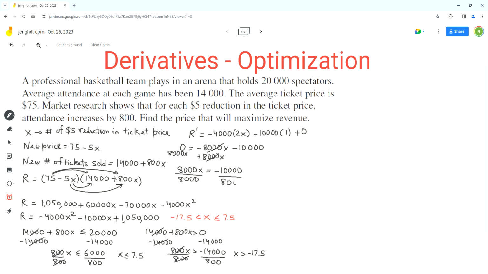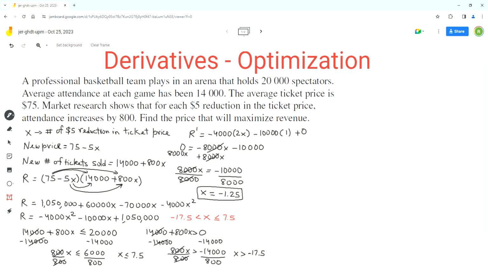So 8,000 on the left side will cancel each other out, and we get x equals negative 10,000 divided by 8,000, which is equal to negative 1.25. Now this x value lies in the domain that we found for the revenue function. That means this is a valid x value.